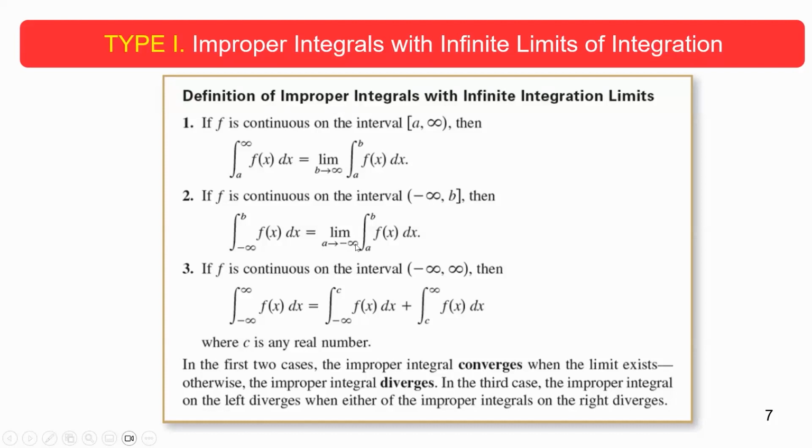If it's at the bottom, you replace it by A. Now, if it's continuous on the interval from negative infinity to positive infinity, we split it into two. This one is your number two, and this one is your number one, similar to number one. So evaluate them using number one and number two.